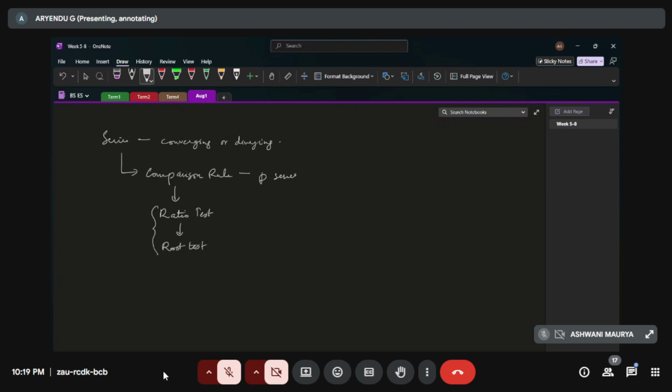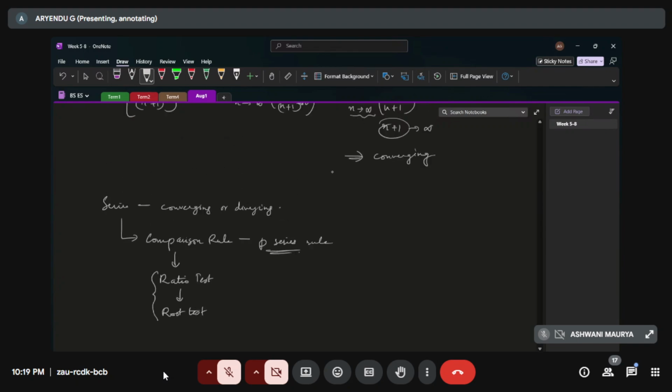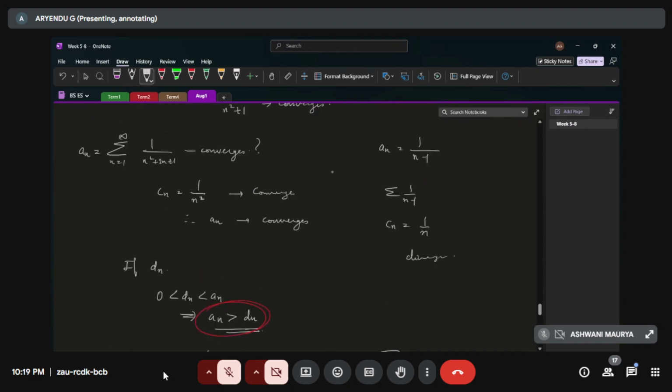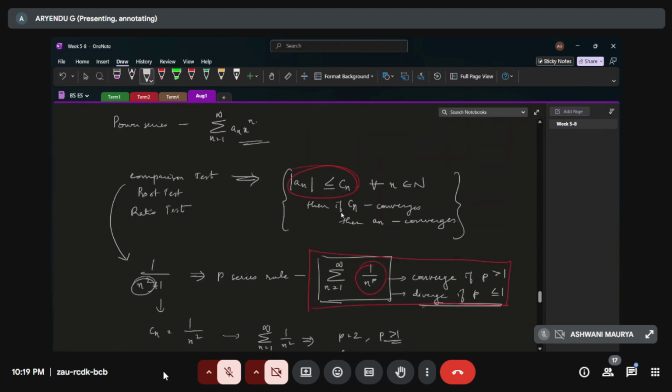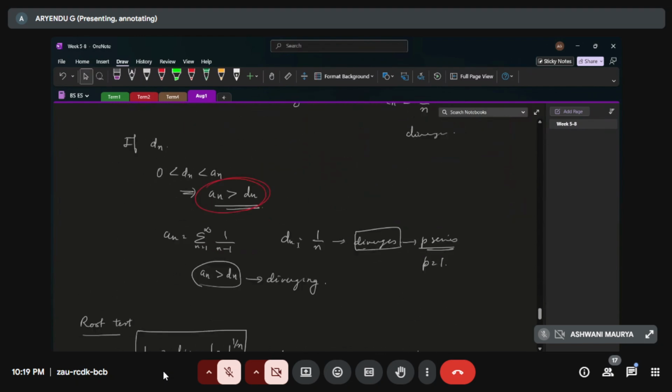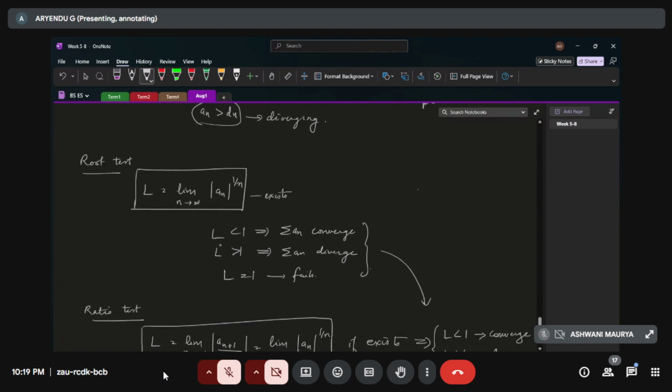Usually find if this is compatible with the p series rule, and you can find the solution using a comparison, using the convergence or divergence criteria, which is: convergence if a_n is less than c_n, and divergence if a_n is greater than c_n. And then if that is not possible, use this equation to find the value of L and then compare it with this particular criteria, which means you have to be very thorough with this criteria.